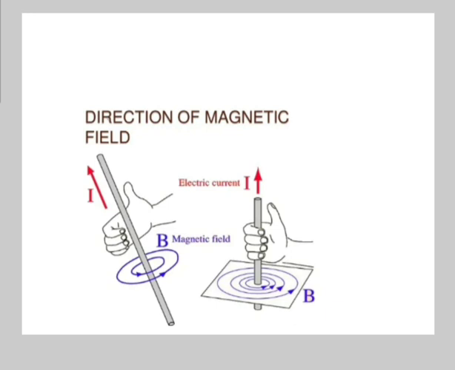So the direction of the magnetic field is related to the fingers, and the direction of the thumb denotes the direction of the electric current.